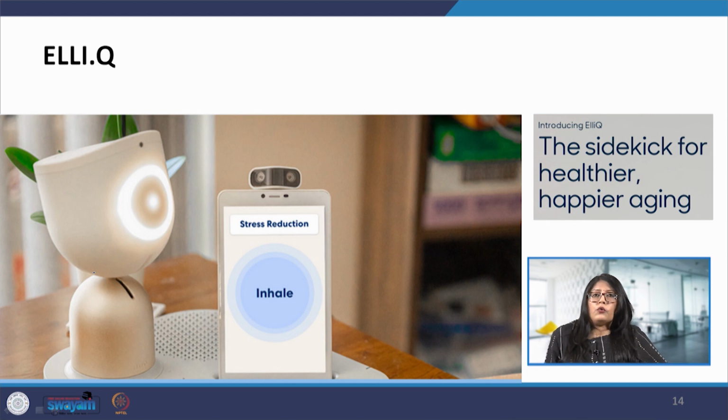So, this LEQ robot was recently launched, and during the pandemic, this robot actually provided a lot of comfort to many elderly people, and they actually felt very connected to it emotionally, and some of them even called it their sister or brother. What is interesting about LEQ is that it is not just a robot that you speak to, but it also replies back, and it also starts the conversation.